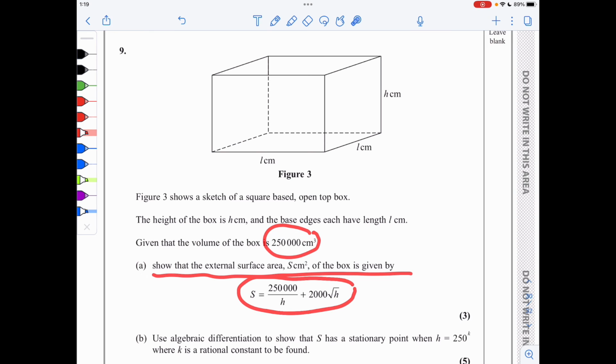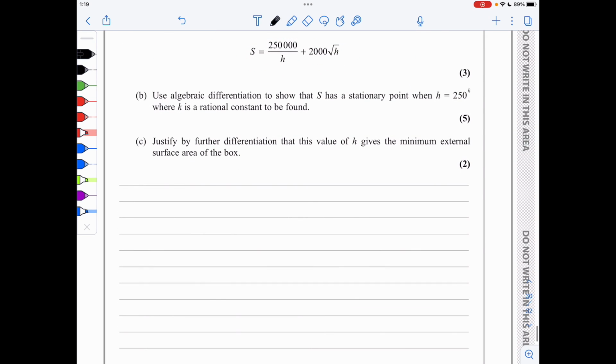I will start by stating that the volume of this box is simply L squared h, and is known to be 250,000, which means that L squared is 250,000 over h, and therefore L is the square root of 250,000 over h.